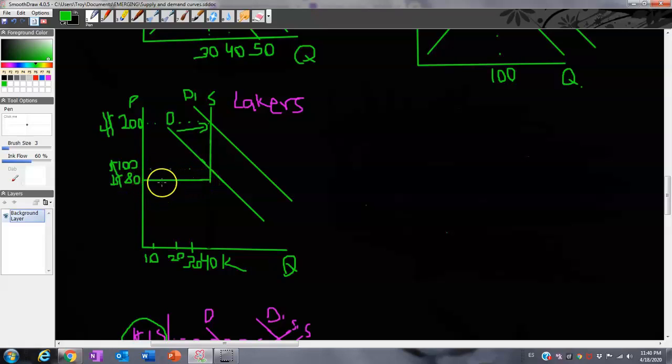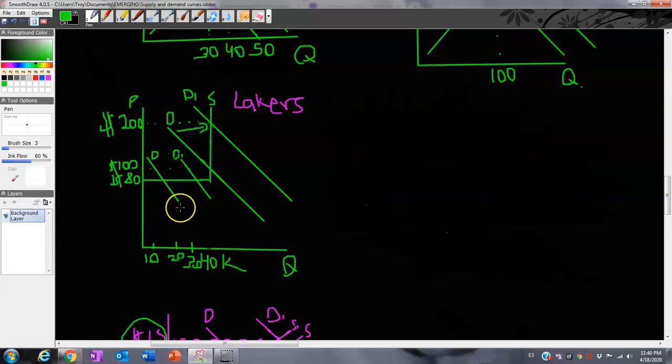And obviously demand. So if we had a demand curve right here, all right, if we had two demand curves, they're trying to fill up the stadium. So even if demand goes up, but if the demand's not enough to fill those 40,000, they're going to keep the price at $80. Okay? So demand and demand 1.